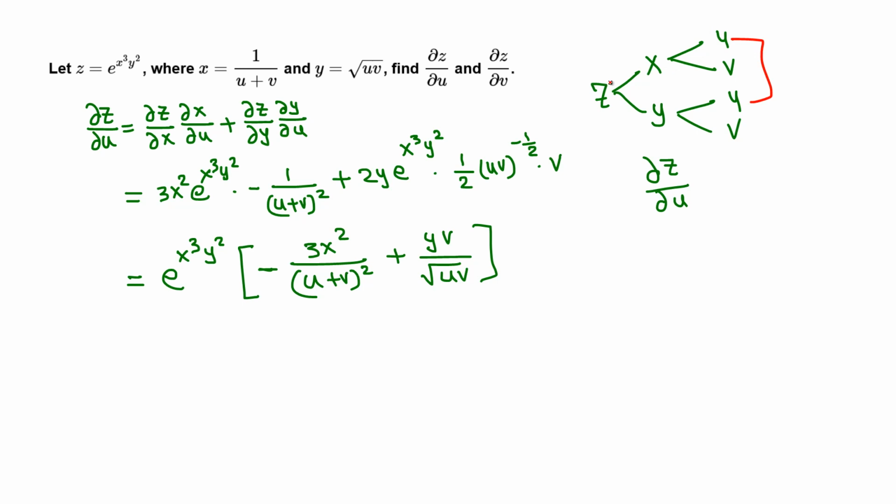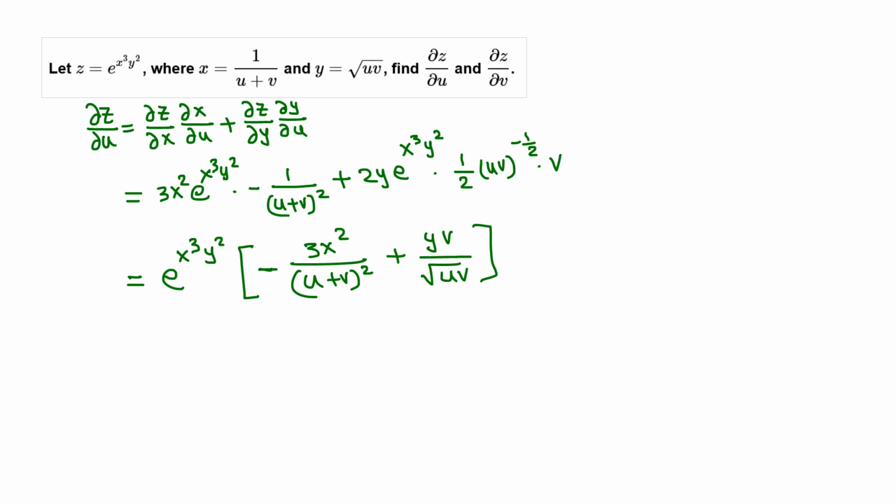So it is partial of g with respect to x times partial of x with respect to u, that's what I wrote here, plus partial of g with respect to y times partial of y with respect to u. Okay, that's what I wrote here. And once we have this chain rule, let's find the derivatives here.